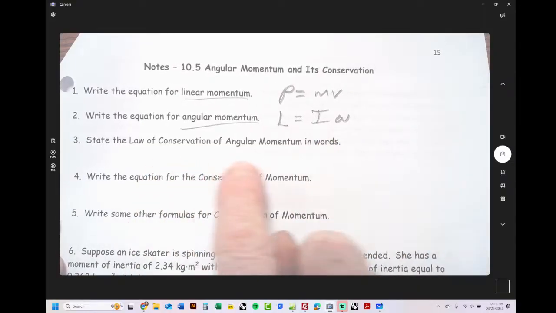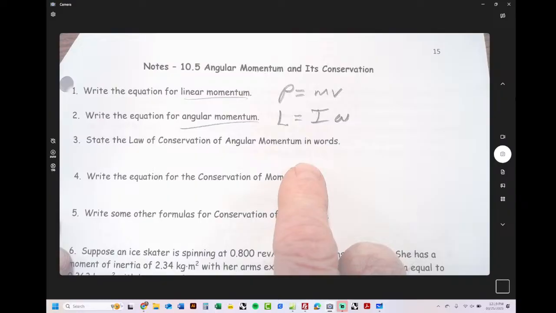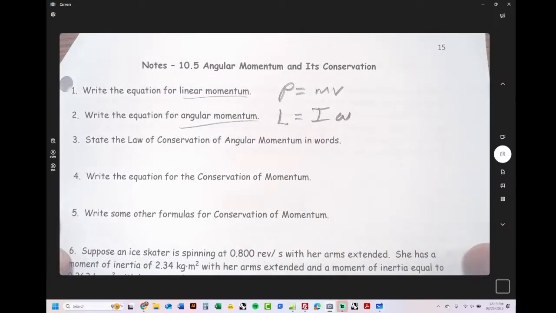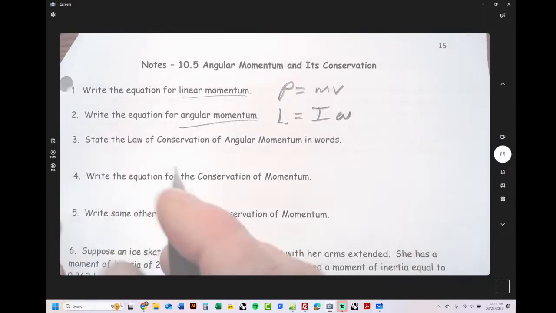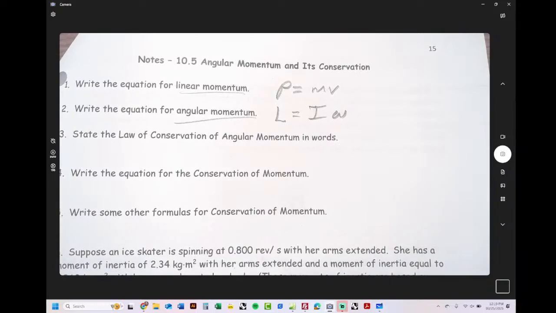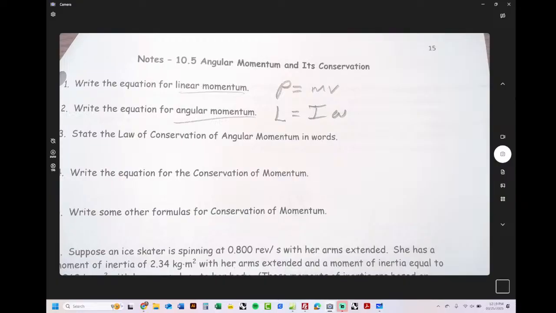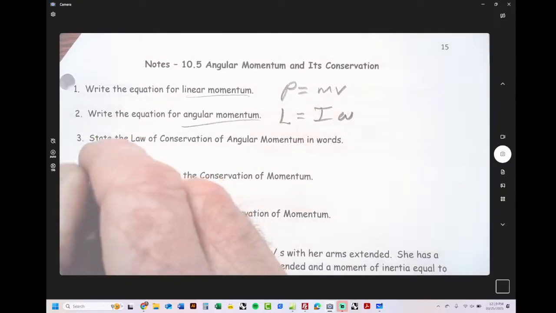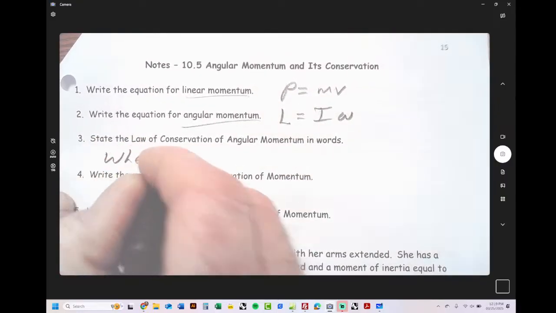And there's a law of conservation of angular momentum that says, what happens to momentum? It stays the same. But there's kind of a caveat, a requirement that comes first. Here I'm going to cheat.